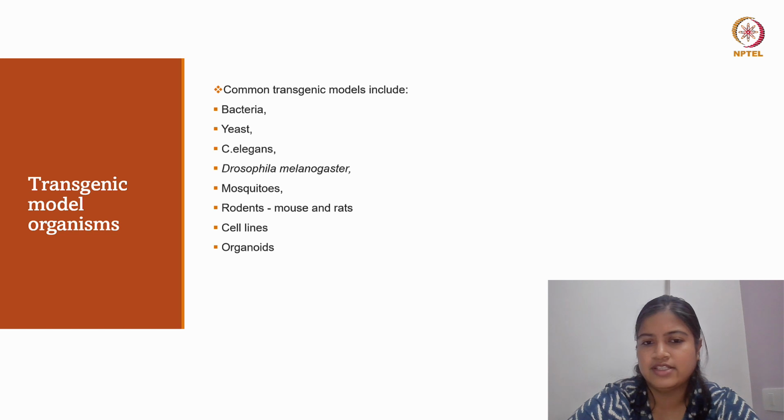So brain organoids or some tissue organoids can be used to study different aspects of the cell lines or those tissues, and can be used to study some diseases related to those tissues.